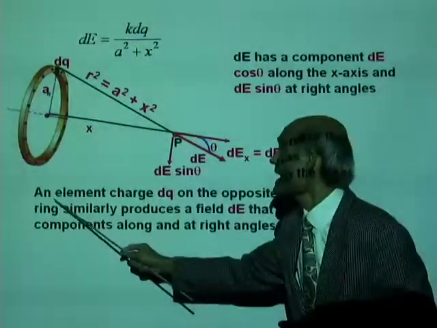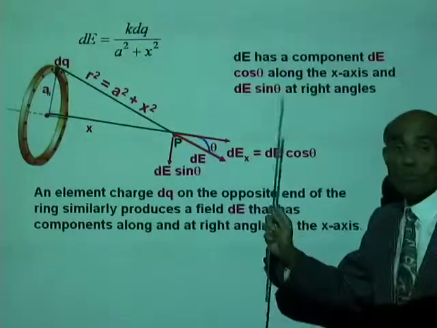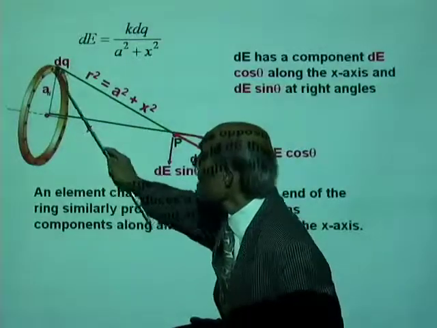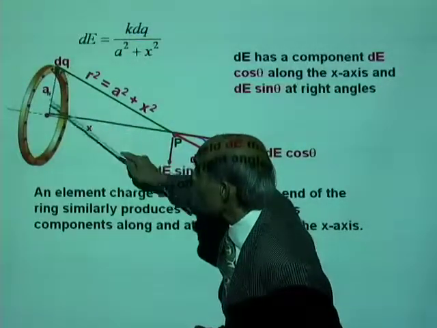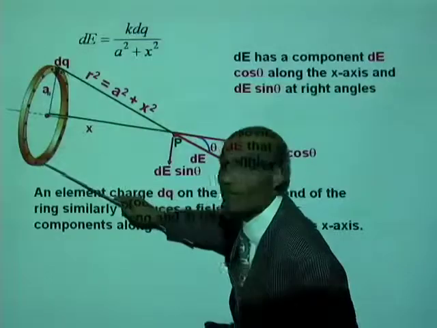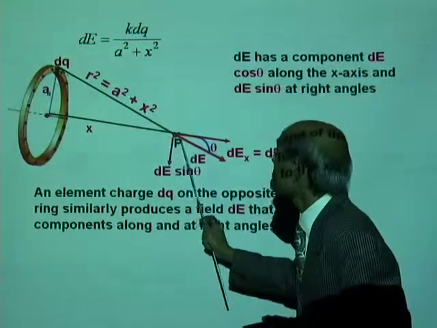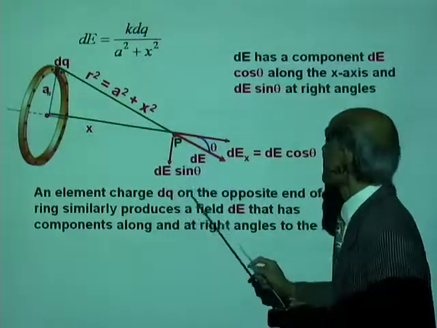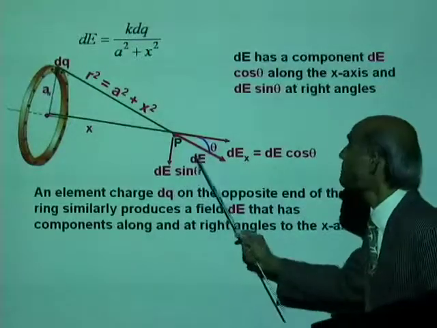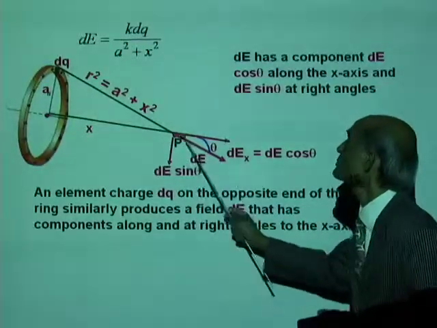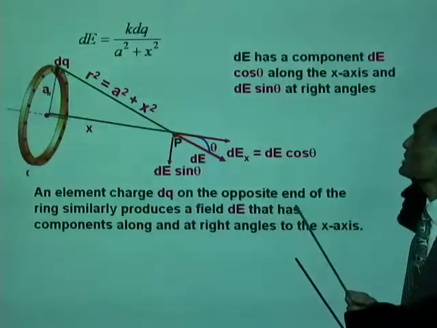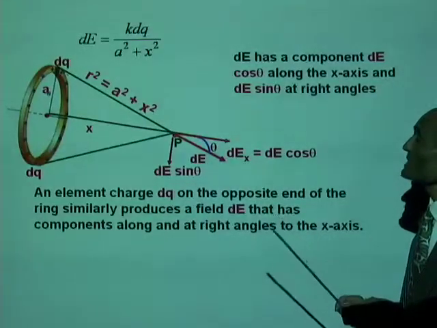Now, if you take an element dq exactly opposite to there, you will get a similar dE that has the same components dE cos theta and dE sine theta. Can you understand that?